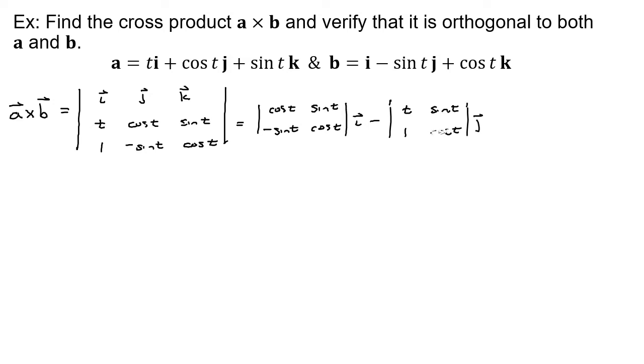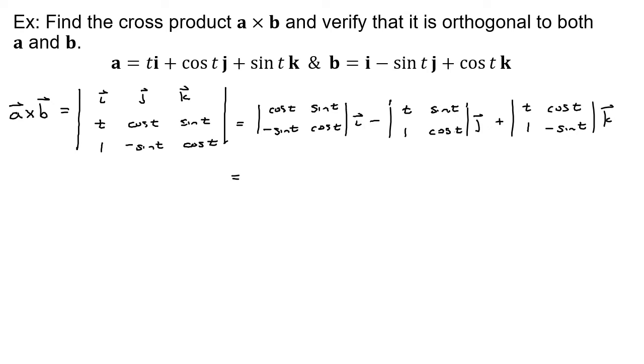And then for the k, I'd have the lower left, the t, the 1, the cosine t, and the negative sine t on the k.